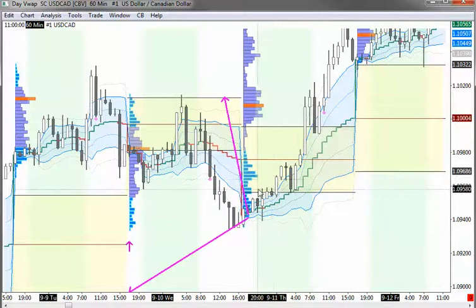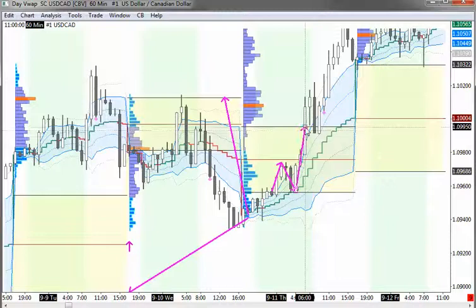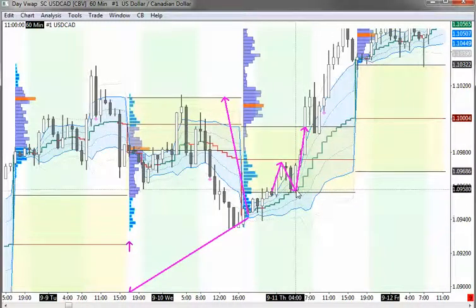We would see a break of the previous day's value area low and see that it's not holding as potential resistance, and if it's not going into resistance here, here, and here, it wasn't moving price further down, and we break above it on this bar and continue on the next bar, then we would think this would be a move up, a come back down, and the target should be right up there. That's how it played out.